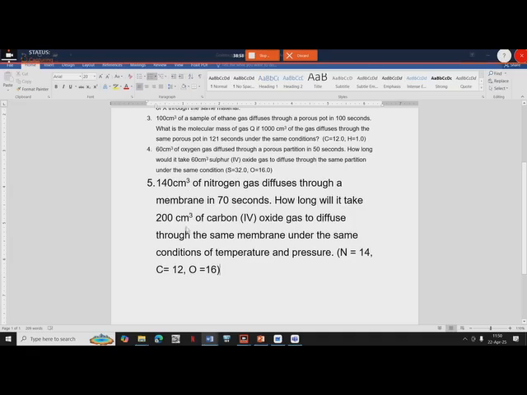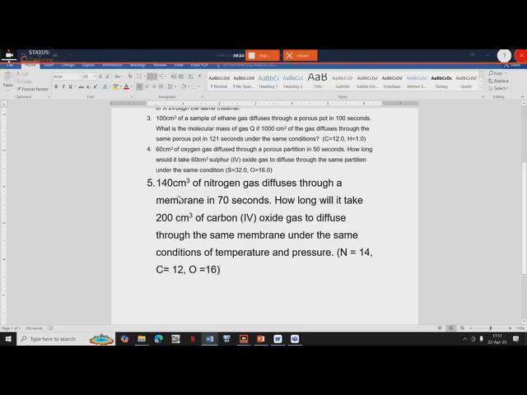Kwa hivyo kama nimepewa 140 taking 70 seconds, then I need to get 200 cubic centimeters of nitrogen gas. Will take how long? So that the 200 cubic centimeters is the same volume with the 200 cubic centimeters of carbon dioxide. So huwezi tumia hii 70 kwa sababu hizi volumes ziko tofauti.